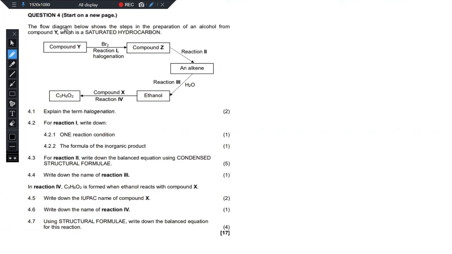Question 4 says the flow diagram below shows the steps in the preparation of an alcohol from compound Y, which is a saturated hydrocarbon. We said this one should be an alkane, because a hydrocarbon only contains hydrogen and carbon. For this reaction, they're asking what the one reaction condition is. In 4.2.1, the reaction condition for a substitution reaction is sunlight or heat.